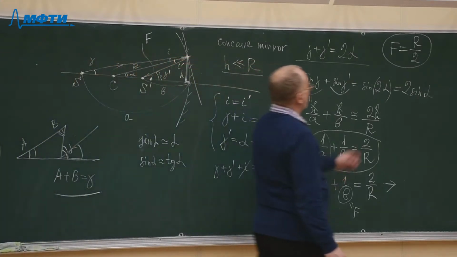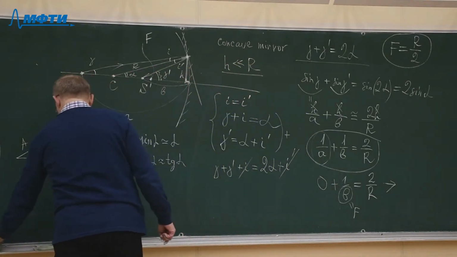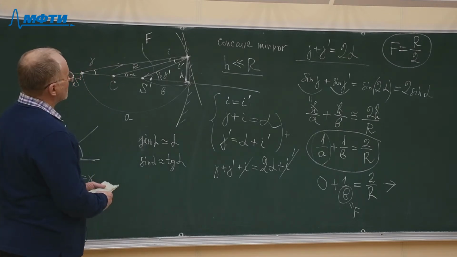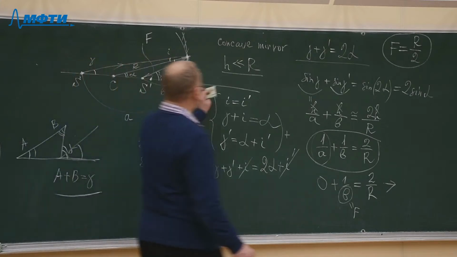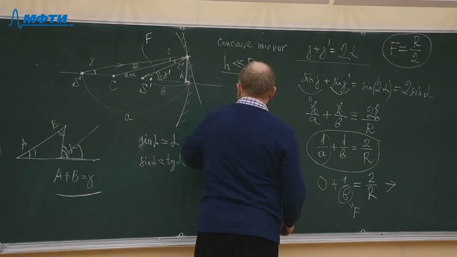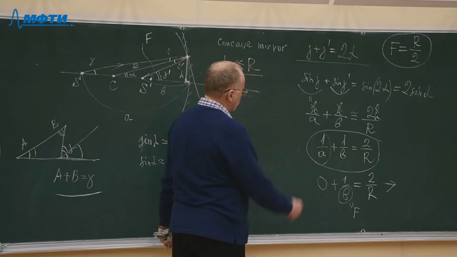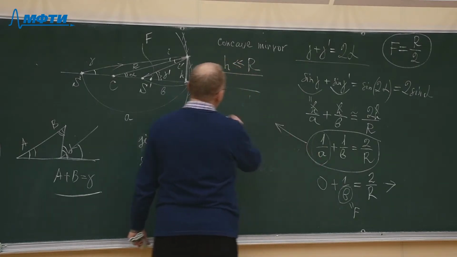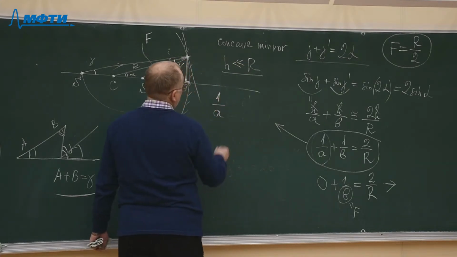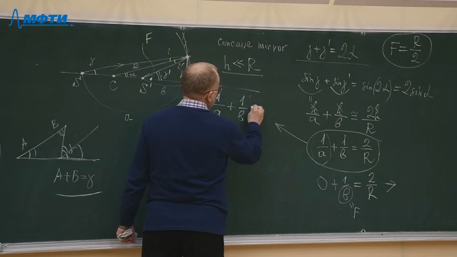That's an important thing, that the focal distance of a concave mirror equals half its radius of curvature. If we take this into account, then we obtain from this formula immediately the formula for the concave mirror, which will look exactly like the formula for the lens.